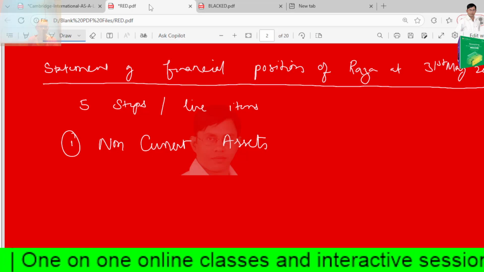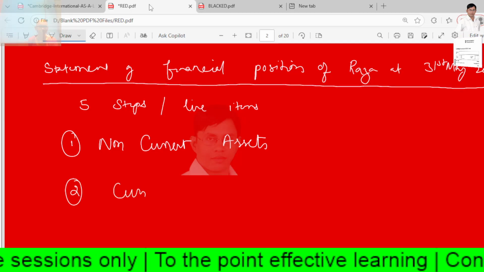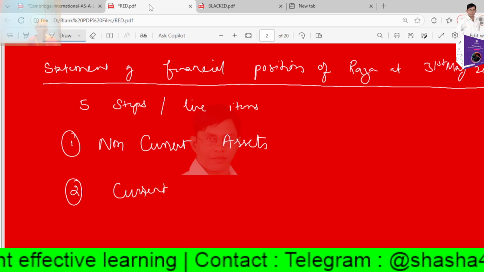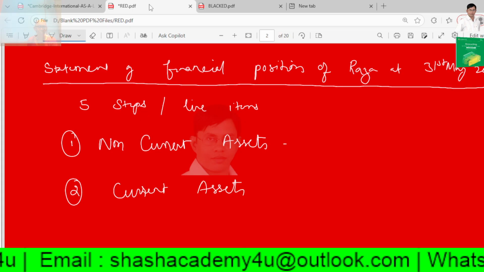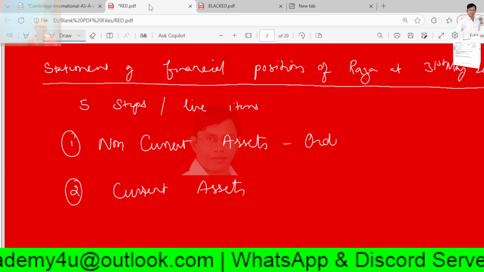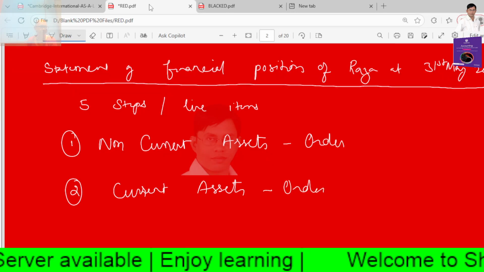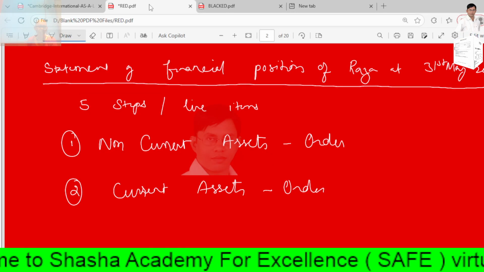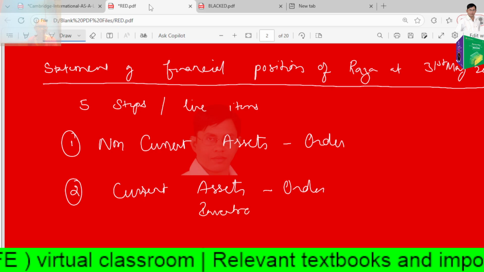The next one is current assets. Here also order is important, on the basis of realization. First inventories, because inventories cannot be easily realized.